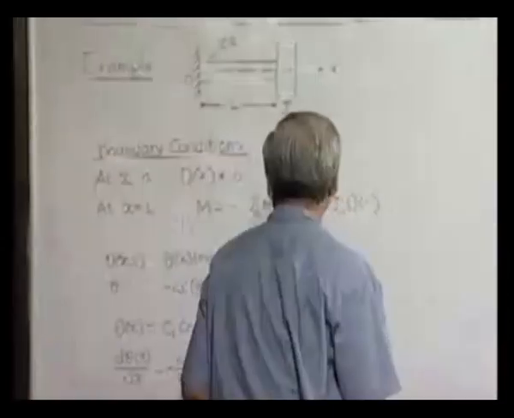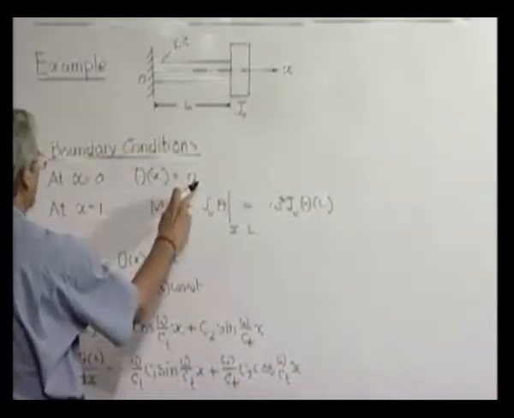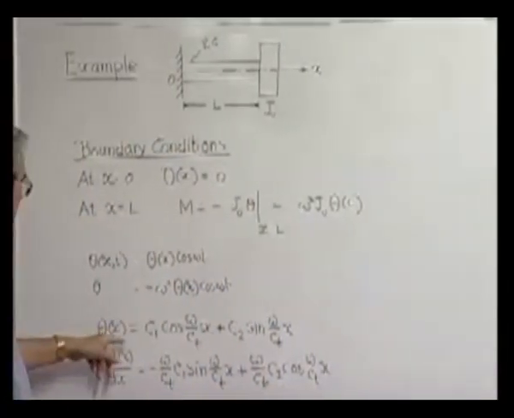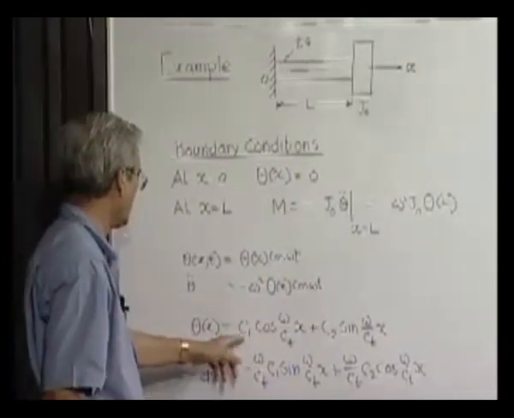Now, if we use the boundary conditions like theta x equal to 0 at x equal to 0, if we put x equal to 0, this term is 0, here it is only C1. So, this is 0.